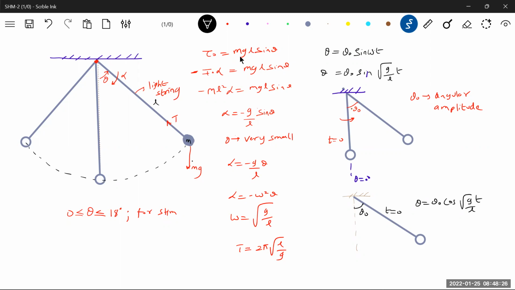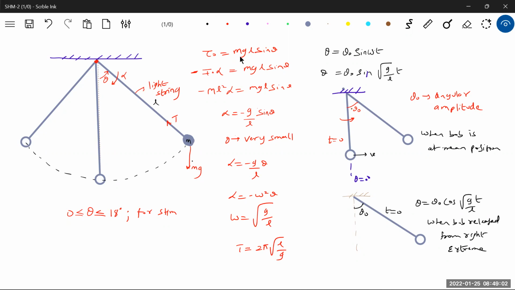then write the equation accordingly when the bob is released from the right extreme. If you start counting time when the bob is at the mean position, then the equation should be like this.